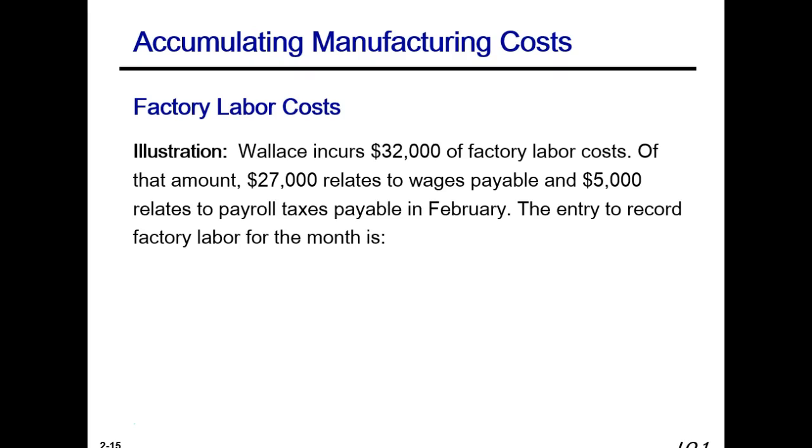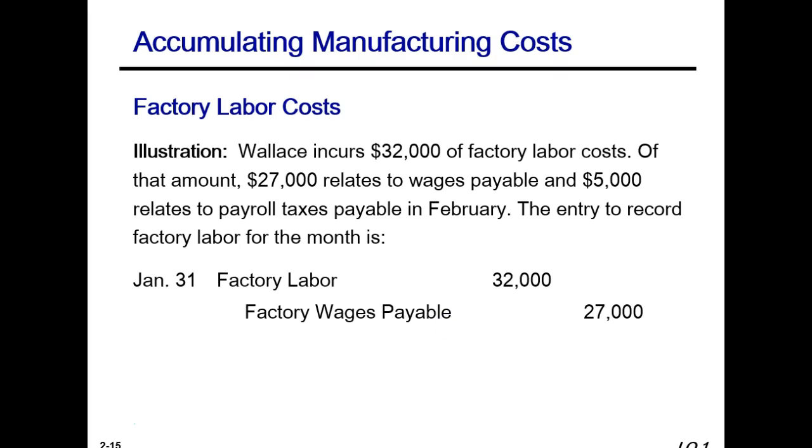The way we're going to record this: factory labor, $32,000, factory wages payable, $27,000, employer payroll taxes payable, $5,000. So the $27,000 is the amount we're going to ultimately pay the employees. That's the net check. The employer payroll taxes are the amounts we are obligated to pay to the various government entities.